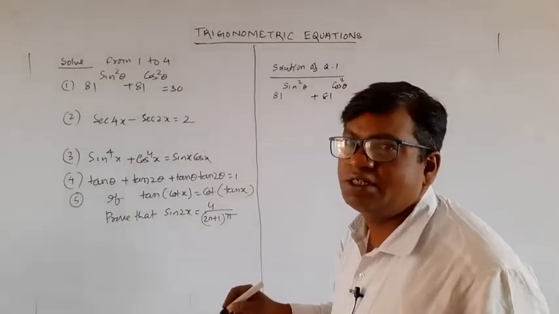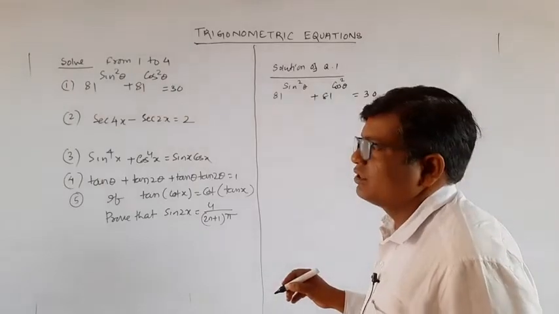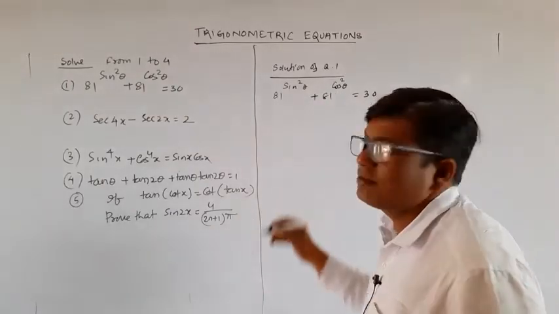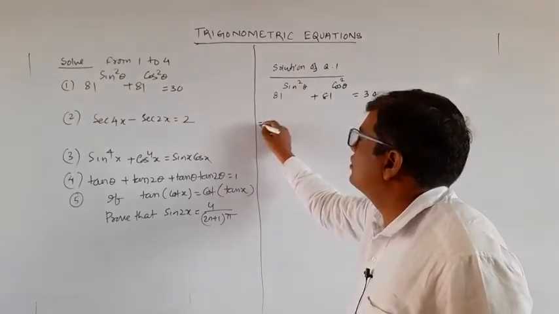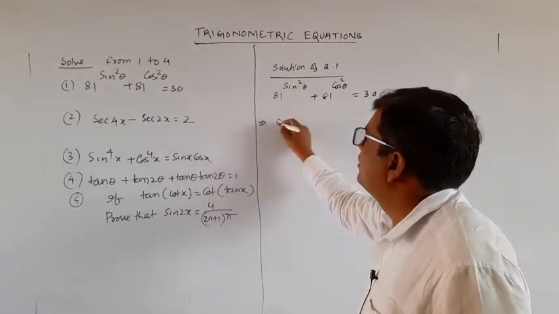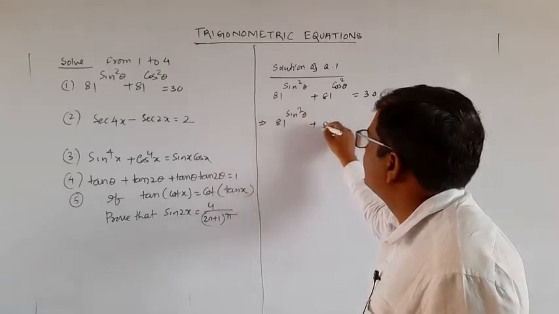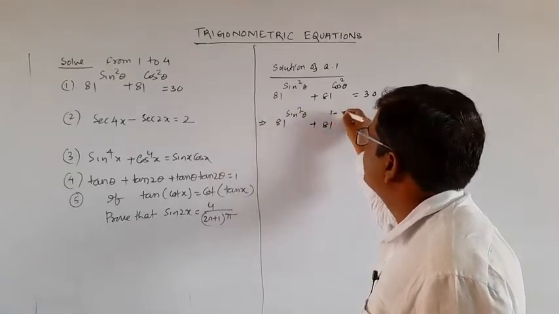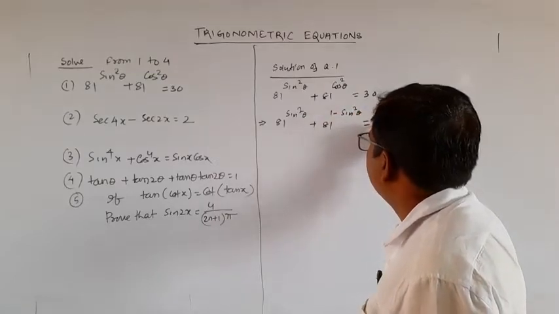You may transform sin square theta in terms of cos square theta or cos square theta in terms of sin square theta, as you wish. So this is 81 to the power sin square theta plus 81 to the power 1 minus sin square theta is equal to 30.